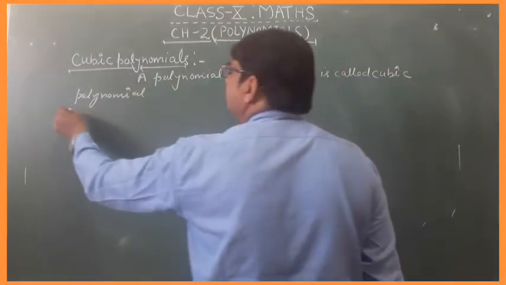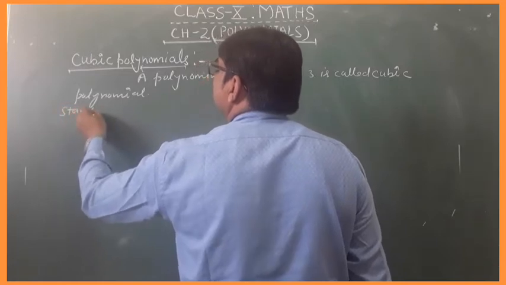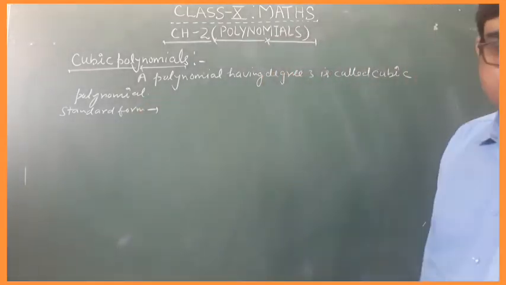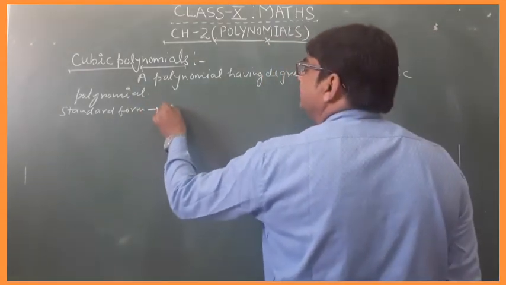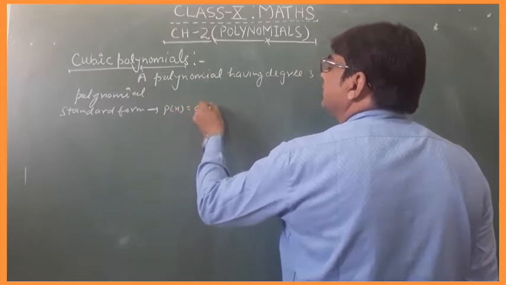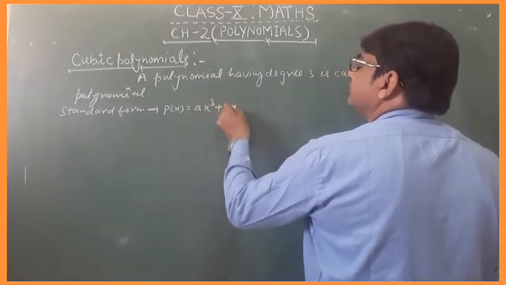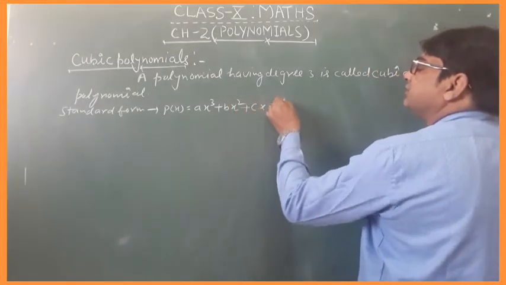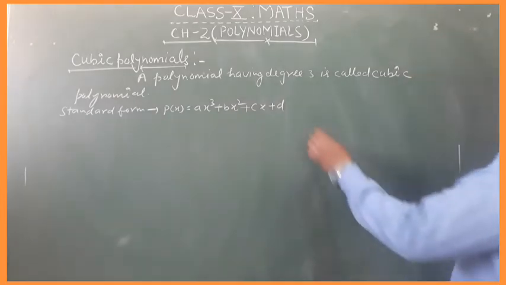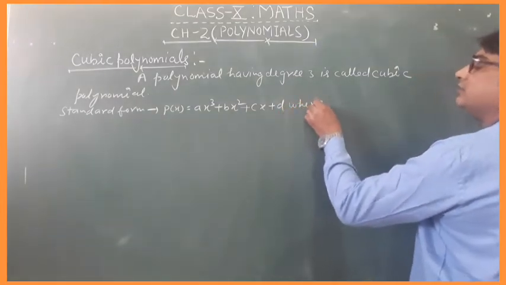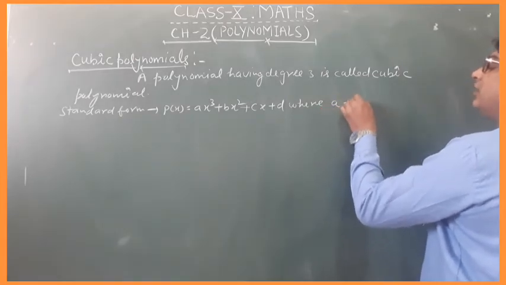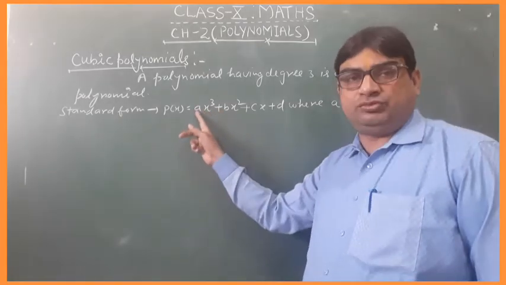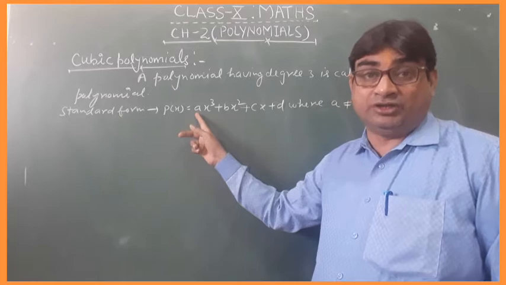The standard form of the cubic polynomial is p(x) is equal to ax cube plus bx square plus cx plus d, where a is not equal to 0. What does it mean? The coefficient of x cube can never be 0 for a cubic polynomial.